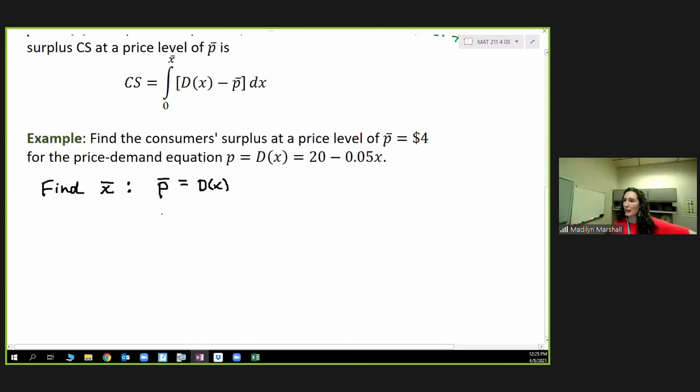Or we can think of it as we are just plugging in 4 for P, since that's our P bar, and we're setting that equal to our price demand equation. So X bar is whatever the X value is when our price demand equation is equal to P bar.